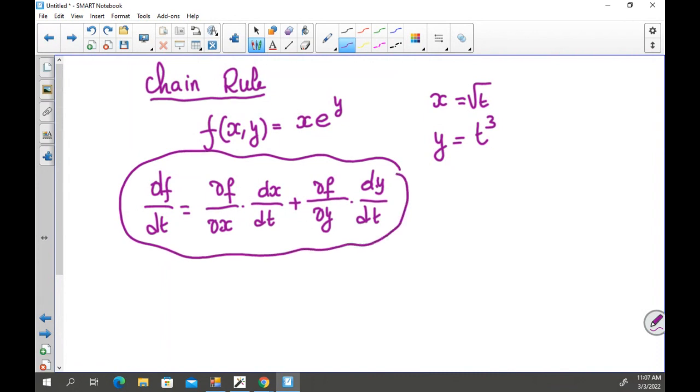That's what the chain rule says. Now, how many things do we need to calculate here? 4. Yes, we have 4 things that we need to calculate. First, what is it? 1, 2, 3, and 4.